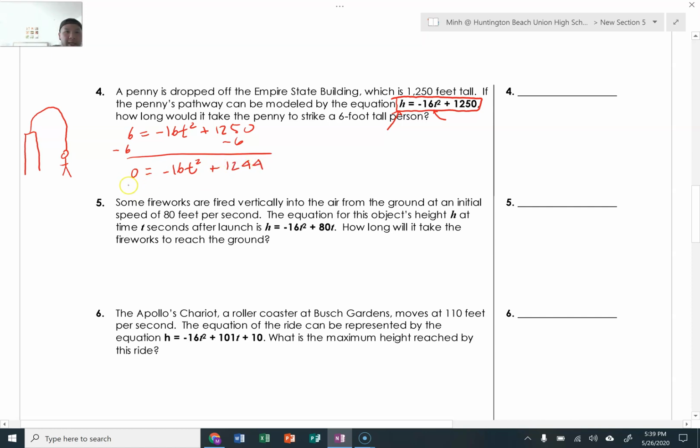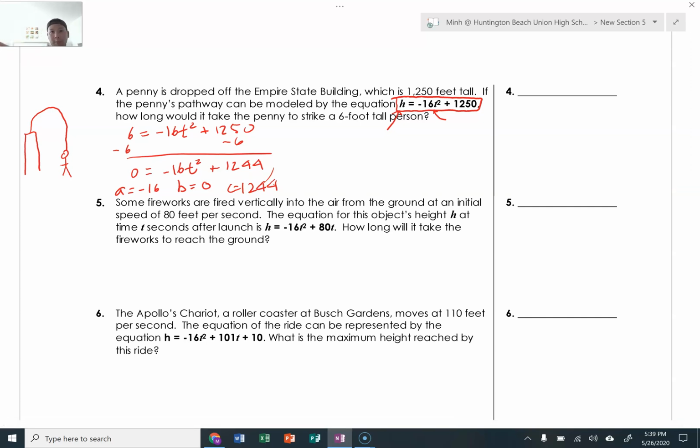Now I can determine that my a is negative 16, my b, well, there's no t to the first, so that'd be 0, and then c is going to be equal to 1,244. You can only use the quadratic formula once one side is equal to 0.